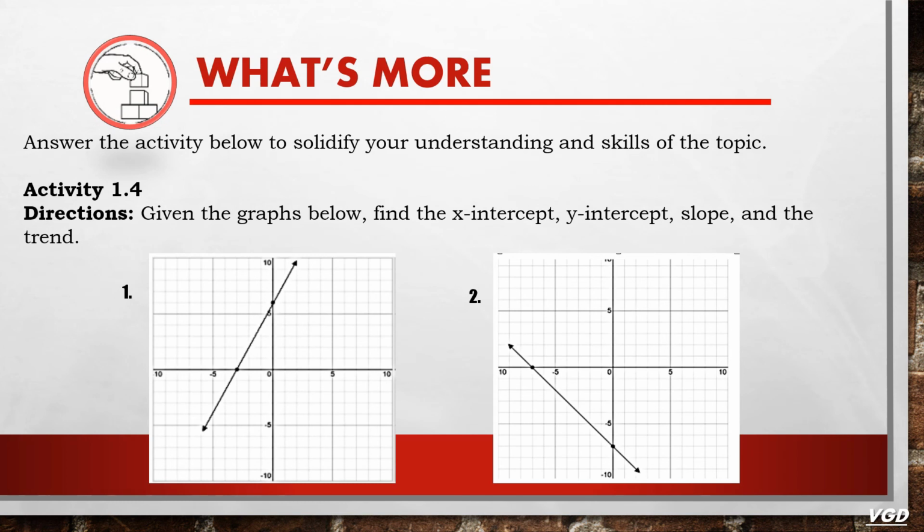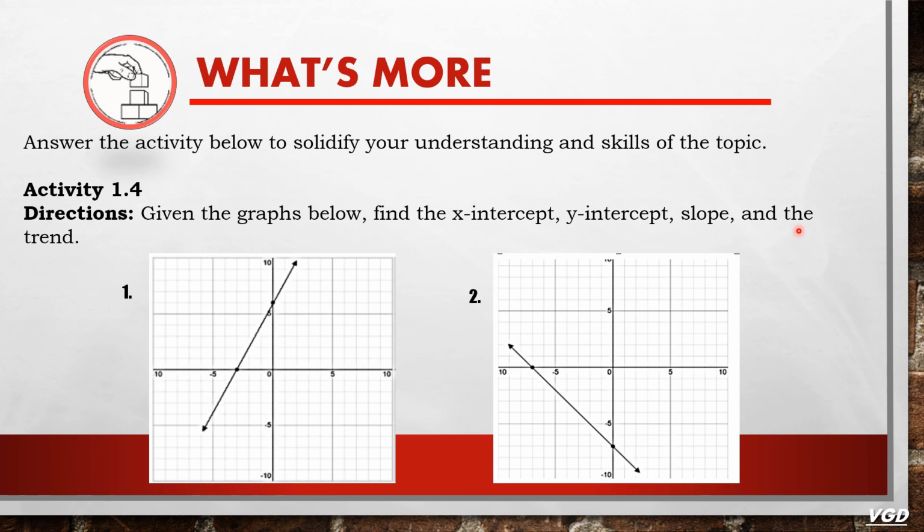And now, let's check your understanding by answering these activities. What's more, answer the activity below to solidify your understanding and skills of the topic. Activity 1.4, directions. Given the graphs below, find the x-intercept, the y-intercept, the slope, and the trend.